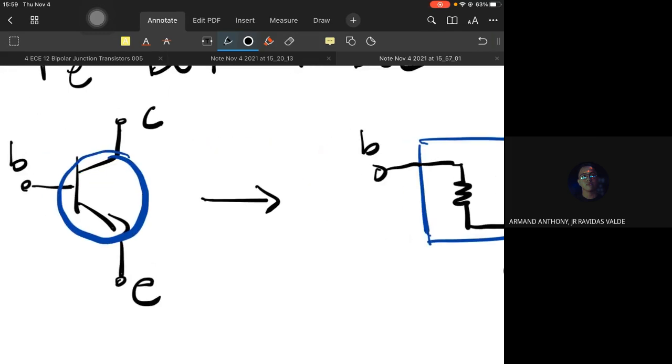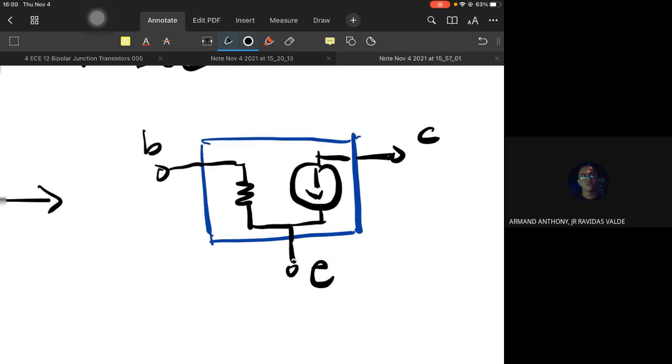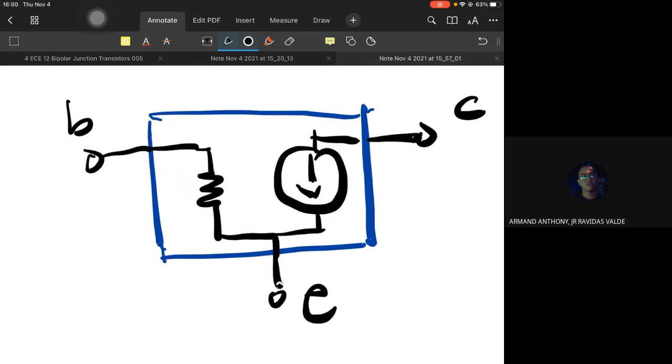Instead of a plain device that is difficult to accurately model or analyze, we'll model it as this. The base is connected to the resistor, the collector is connected to the current source, and the emitter is connected to both.